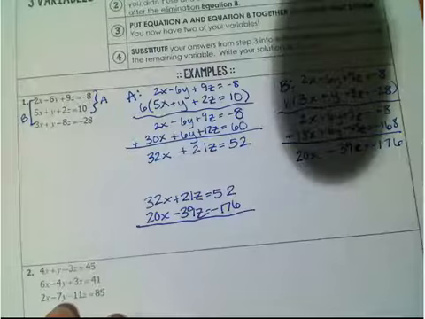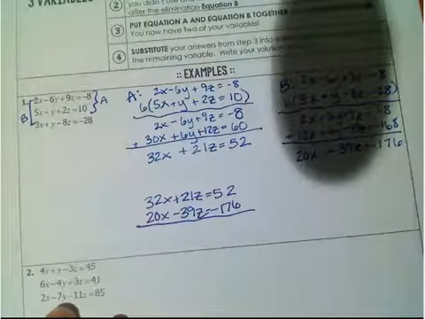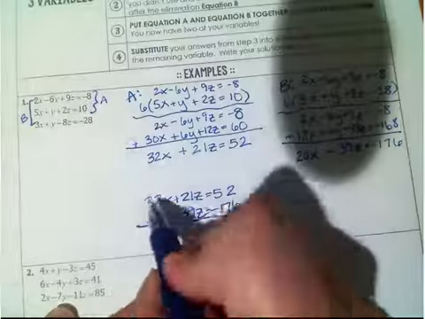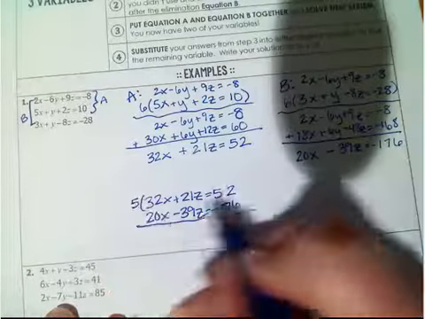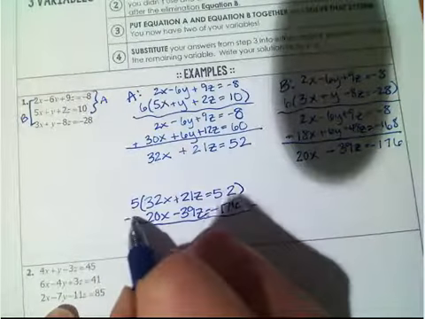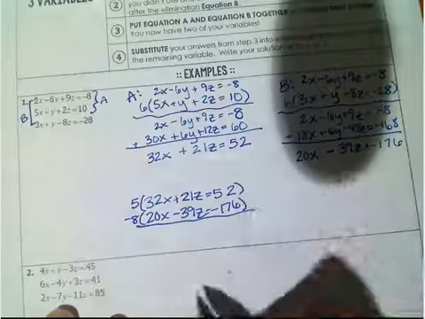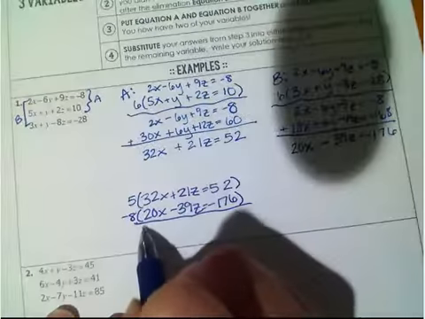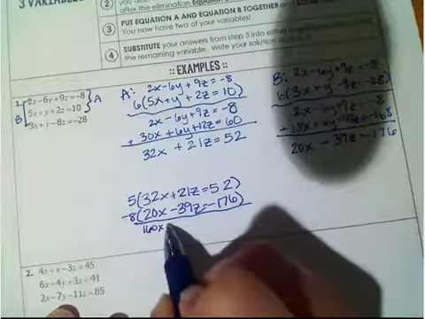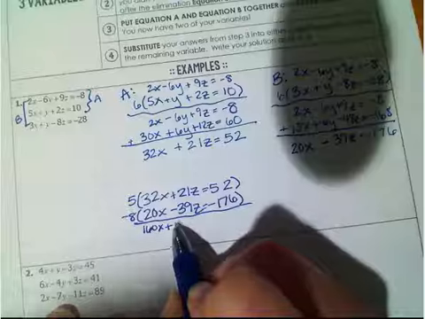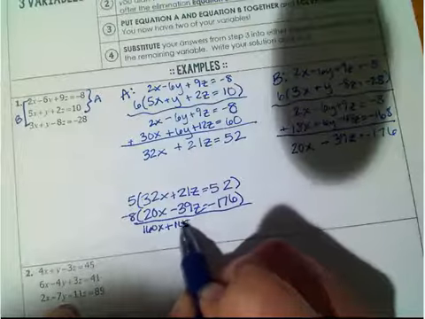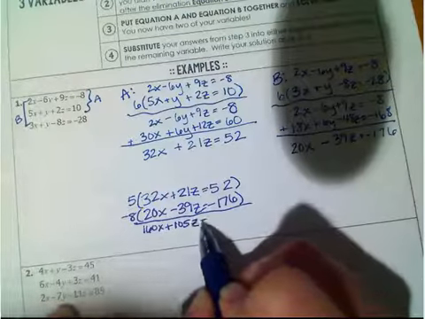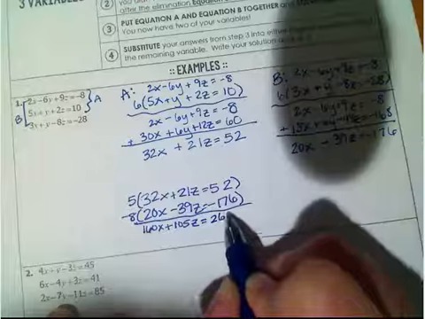So I can choose x or z. In this case, I'm going to choose to eliminate x. I'm going to multiply the first equation by 5, and I'll multiply the second equation by negative 8. So here I'll get 160x plus 105z equals 260.